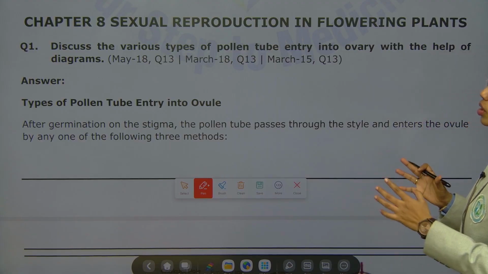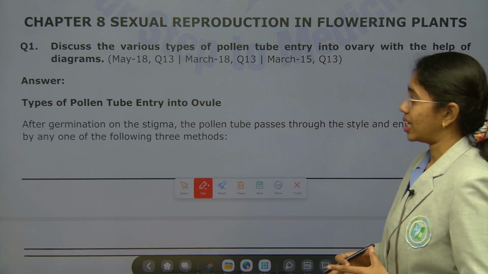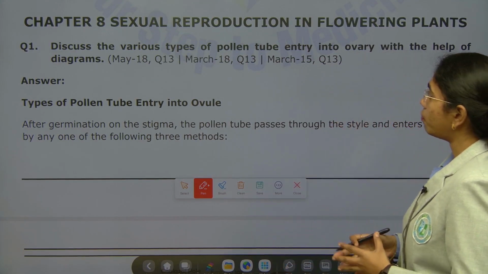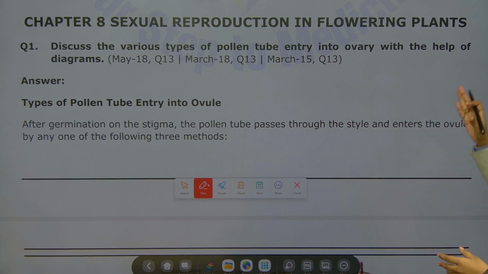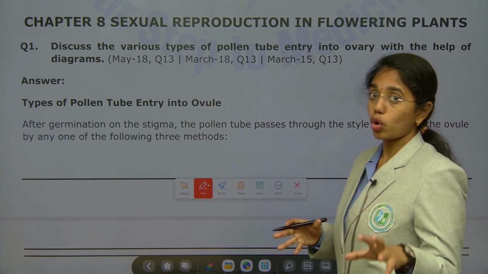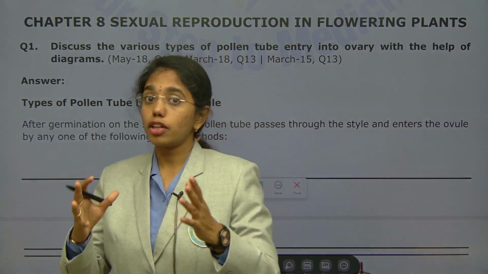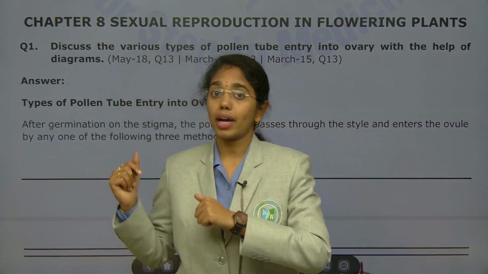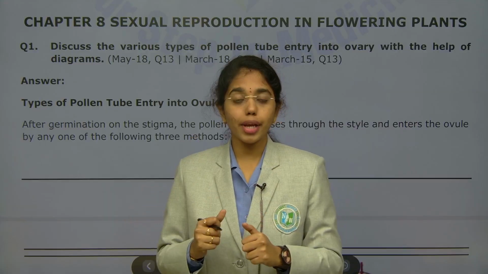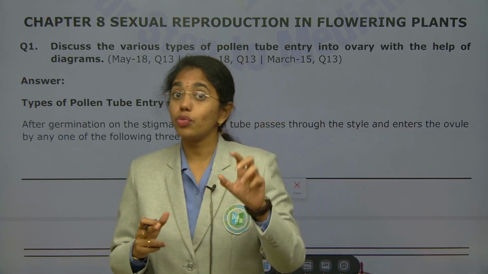Clear, right? So here, the first question says, discuss the various types of pollen tube entry into the ovary with the help of diagrams. Different modes of pollen tube entry into the ovary, like porogamy, mesogamy, chalazogamy, are not just important for the IPE exam, they are also important for your MCET and NEET, with the examples.